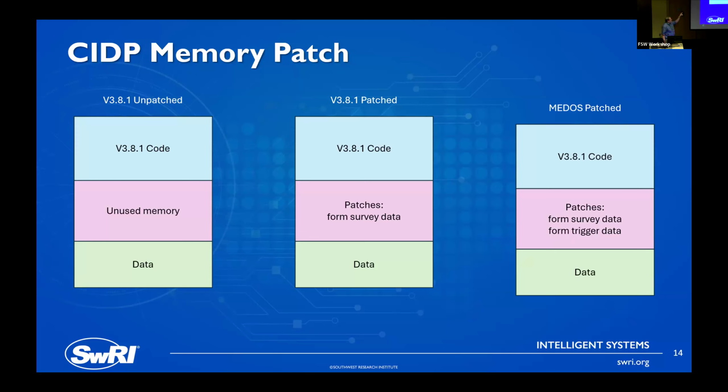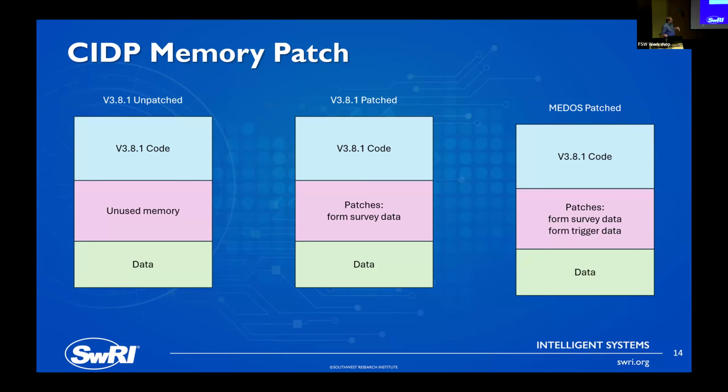And so this shows the unpatched software. We apply the patch actually in this area between the code and the data segment. And that's the way MMS had been running in normal operations. So for Meadows, we've decided to alter the patch and make the patch bigger.